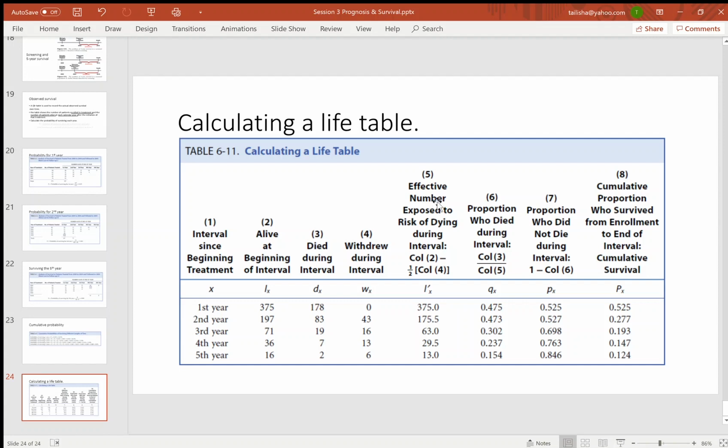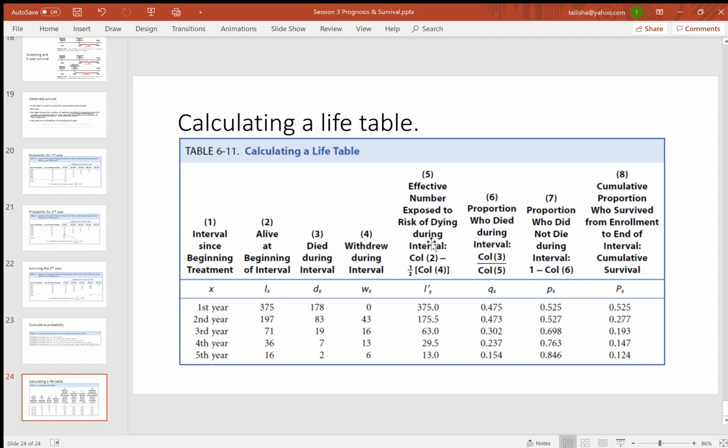Then the effective number exposed to risk of dying during the interval is just a standard calculation: column 2 minus 1/2 column 4. So if you remember your order of operations, you have to do 1/2 of column 4 before you subtract this number from column 2. The proportion who died during the interval is column 3 divided by column 5, who died, divided by the number exposed to the risk of dying.